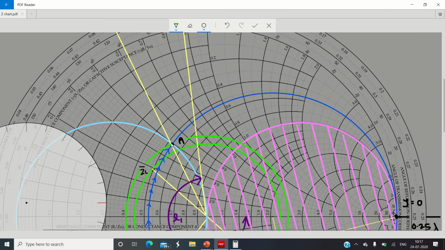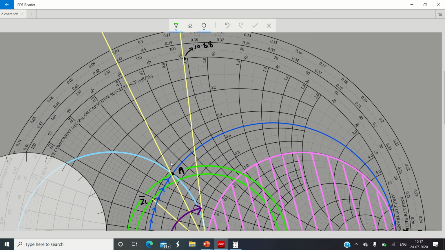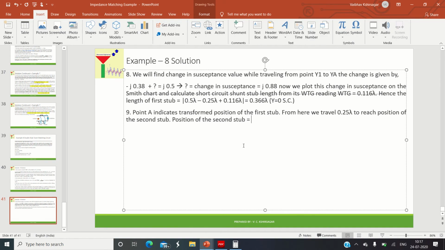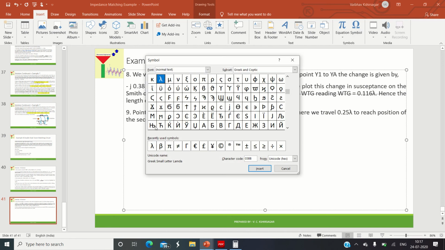How much distance do you need to travel from A? 0.25 lambda, because we know that the second stub is located 0.25 lambda away from the first stub. Point A is representing the first stub, so at point A it is 0.088 lambda on the wavelength toward generator scale.